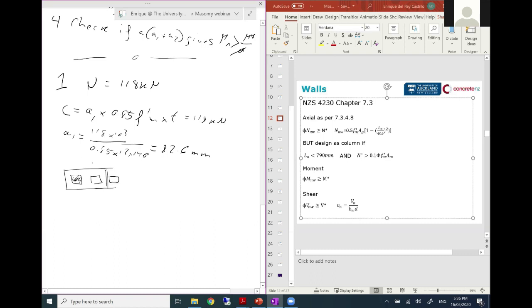So basically, if my A was going to be larger than that distance, then we would have to calculate that area in there. But because my A is only 82.6, which is smaller than that, it is somewhere in here, we don't need to do that because it's going to be a square or a rectangle.